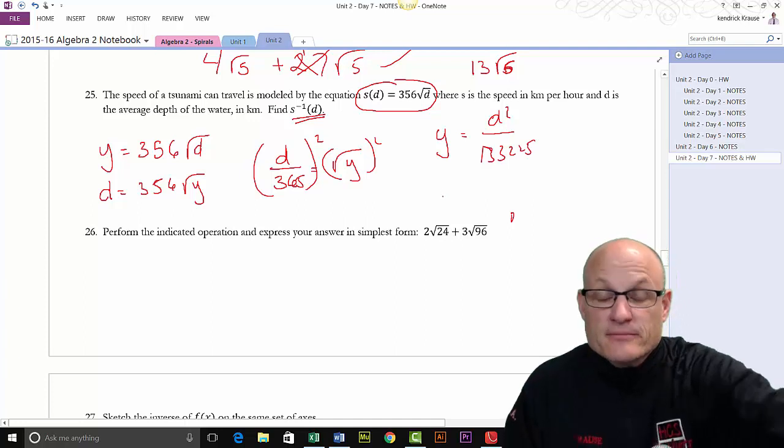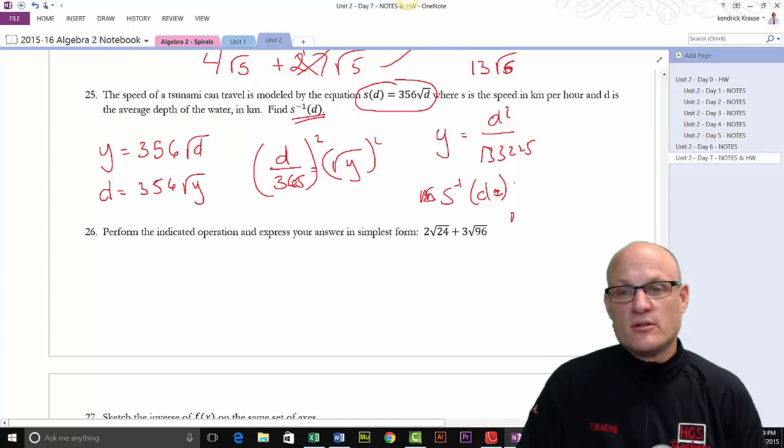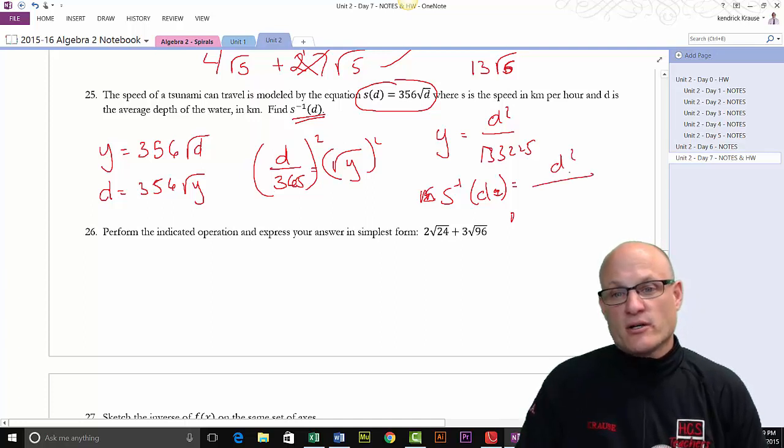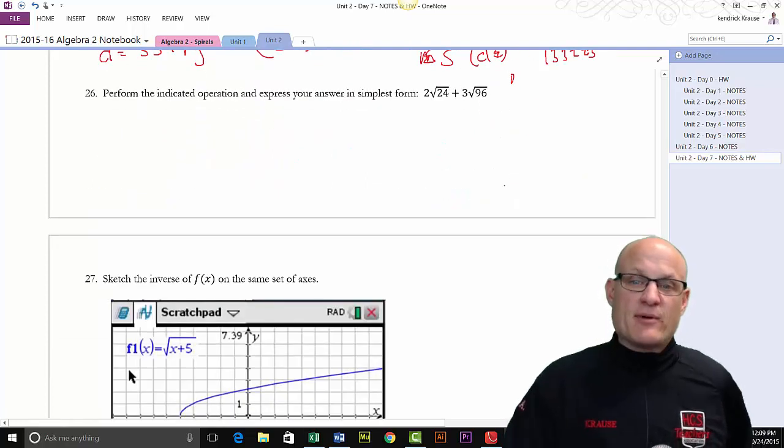That's it, basically. I should write it as S inverse of D is equal to D squared over 133,225.